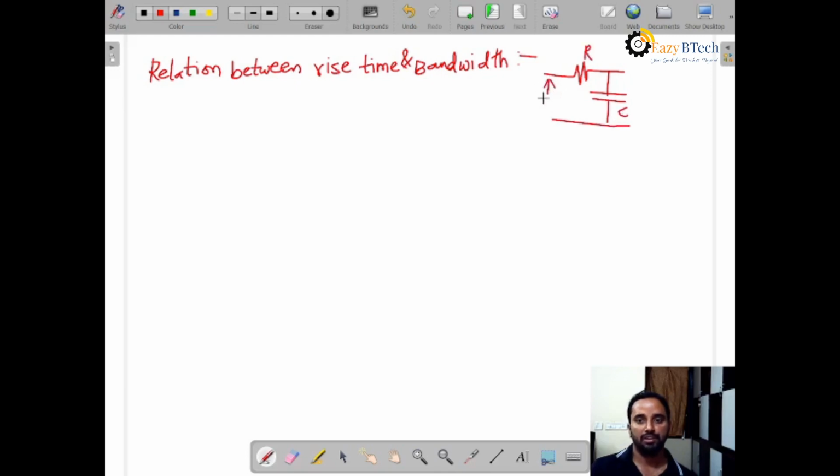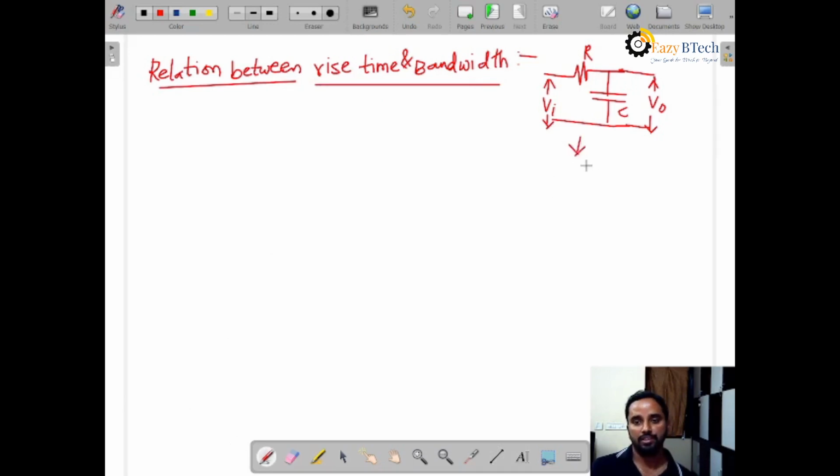So we are considering the RC low pass circuit, with input voltage Vi and output voltage V0, and we know the transfer function of this RC low pass, which we derived in the previous session.